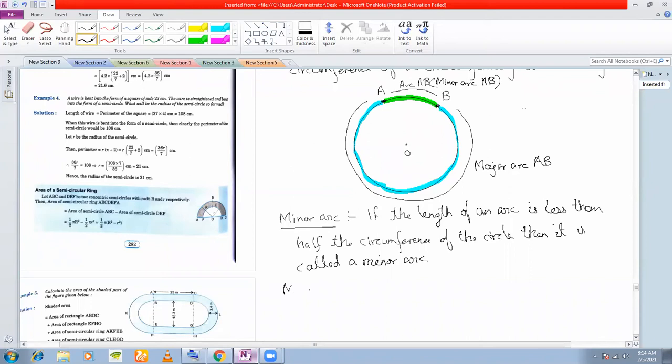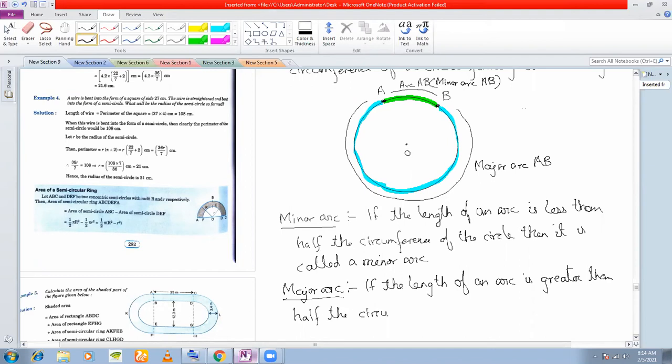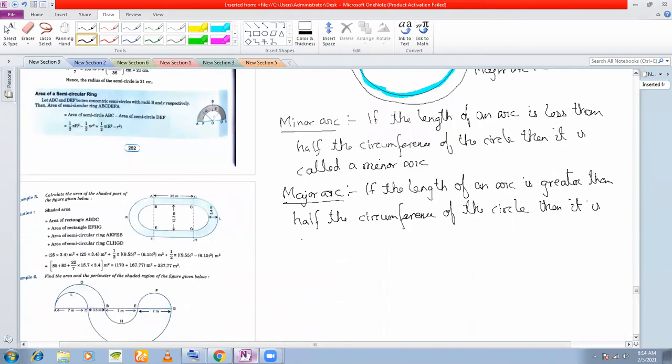So major arc, the definition is, if the length of an arc is more than, or greater than, half the circumference of the circle, then it is called a major arc.